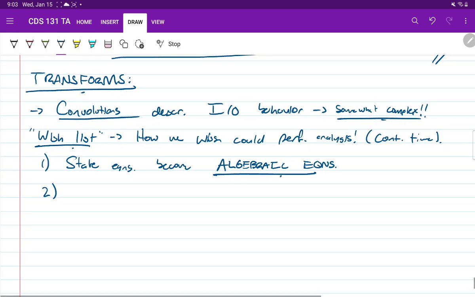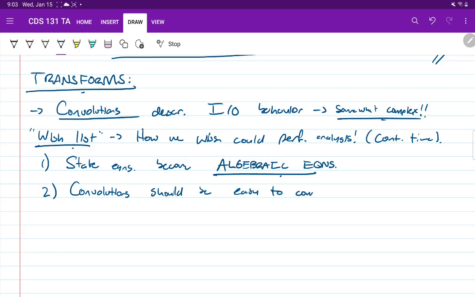What else? We'd also like convolutions to be easy to compute. Currently we have these big infinite sum and infinite integral formulas. It would be great if we could simplify that down somehow.